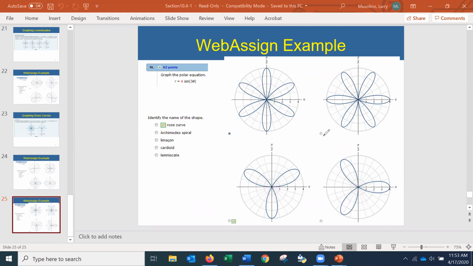Well, again, I know this is out because this has more than 3 petals, so the upper left is no good. The upper right is no good. Again, it has more than 3 petals.